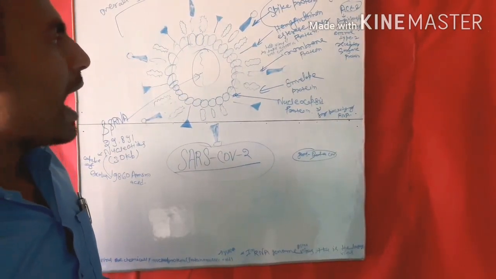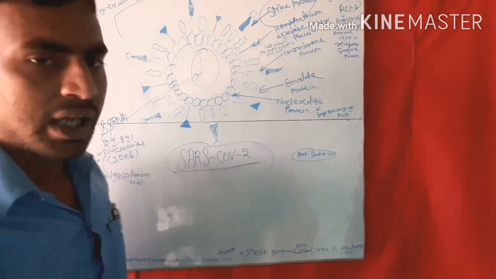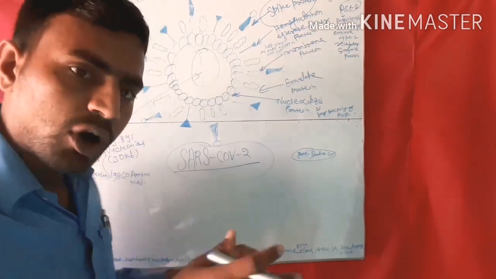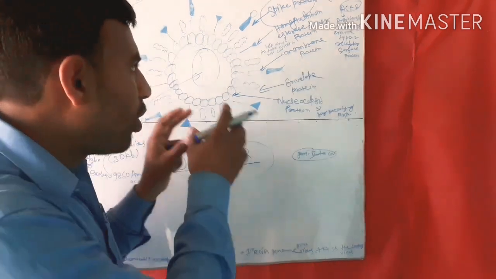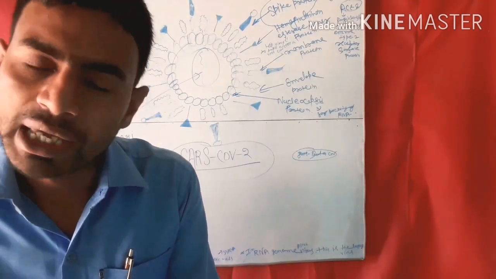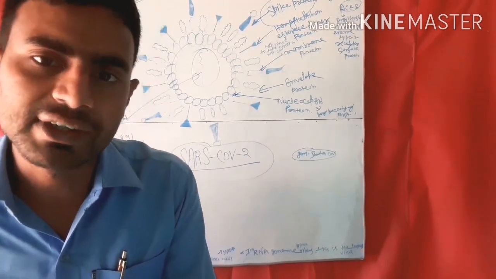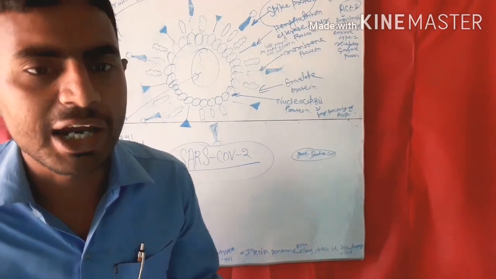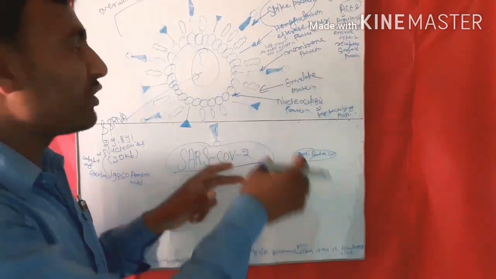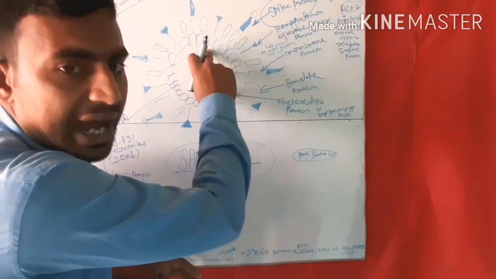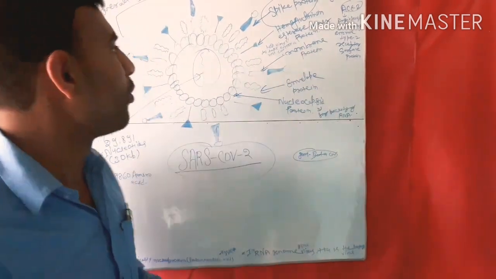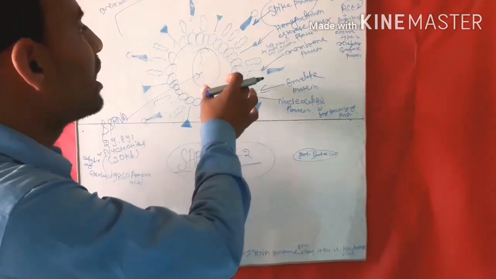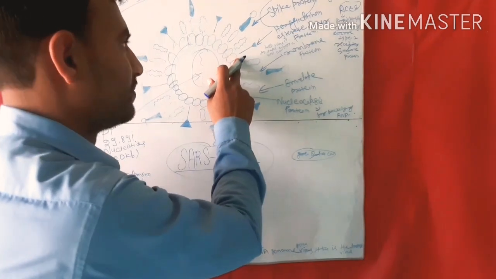Okay, and after that, you know that all viruses are chemically nucleoprotein. This means they are made of protein and nucleic acid. So the nucleic acid is RNA, and after that the protein is the hemagglutinin protein.